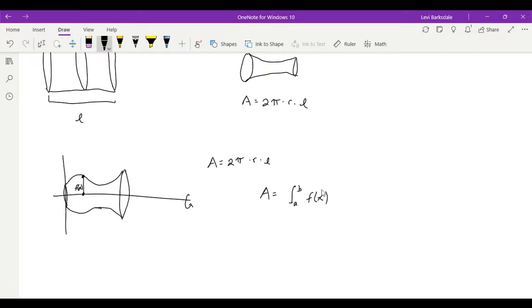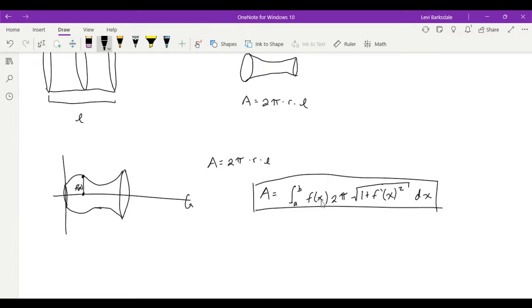We also have our 2 pi. And we already have an equation for the arc length. The arc length would be our integral of the square root of 1 plus f prime of x squared. And this is our formula for the surface area of revolution.